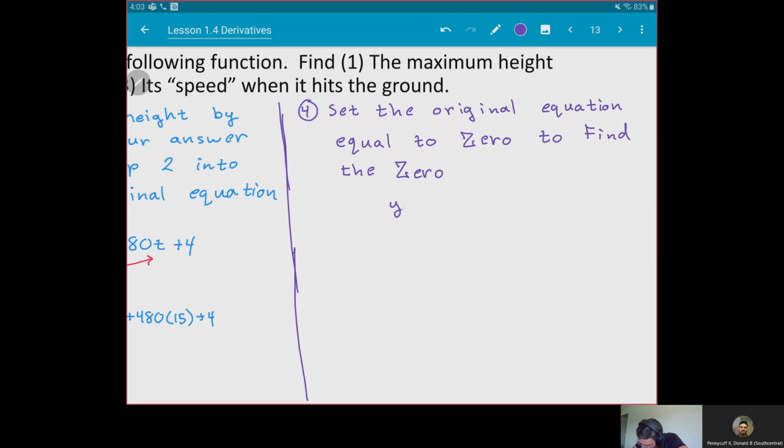Okay, so that's y equals negative 16t squared plus 480t plus 4.